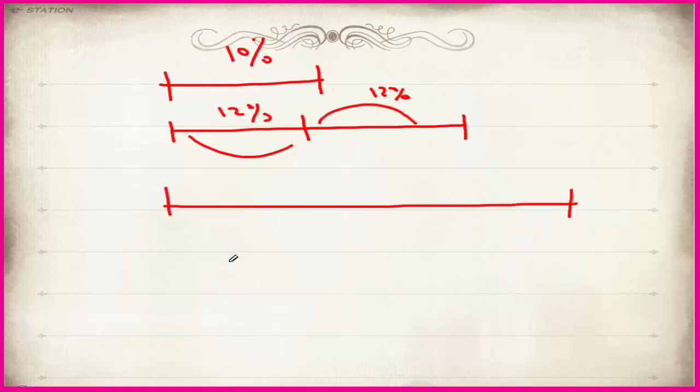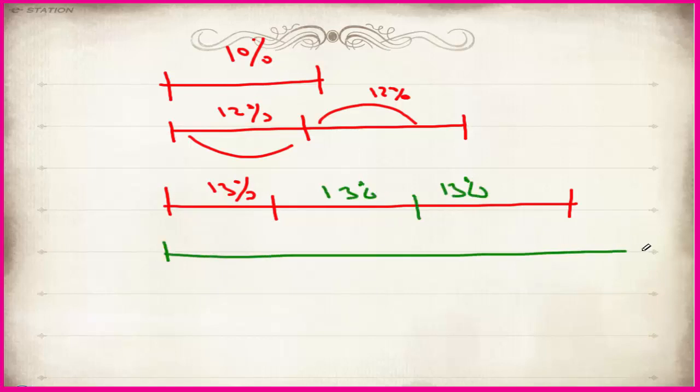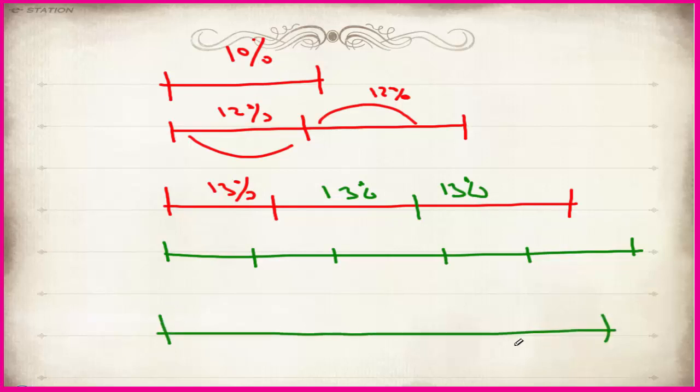For 3 years, on an average he will be getting 13%, 13%, and 13%. For 4 years, he will be getting 14%, 14%, and 14% on an average. So the point is, these rates are for different maturities.